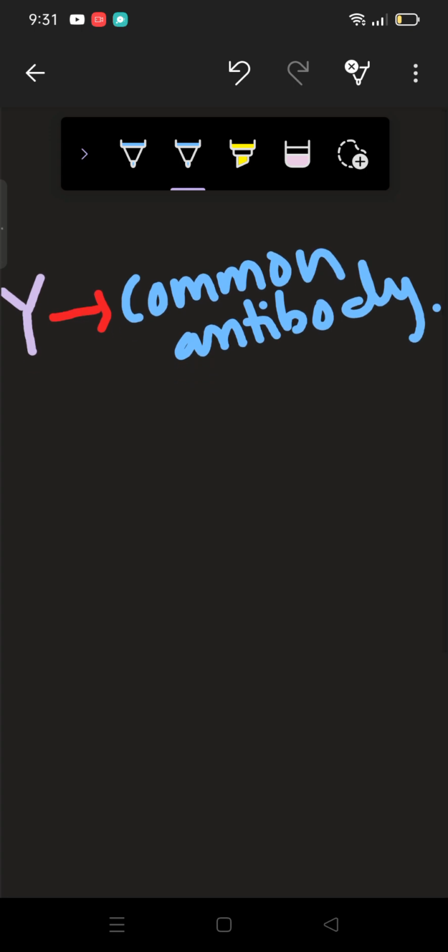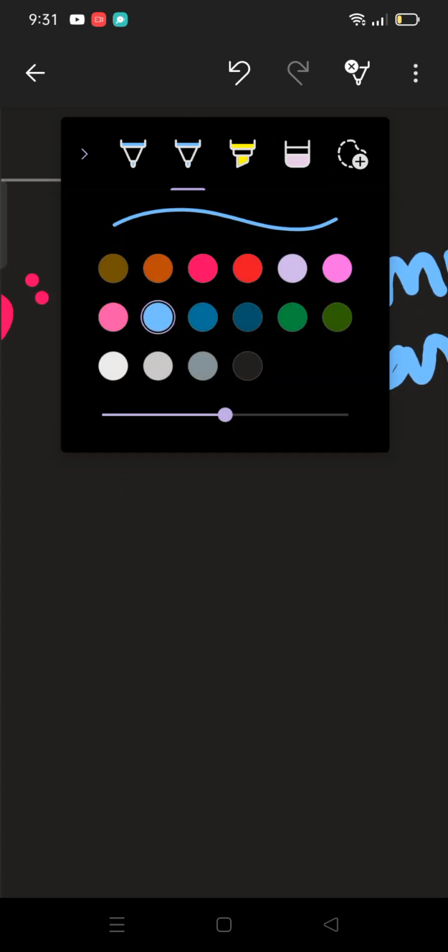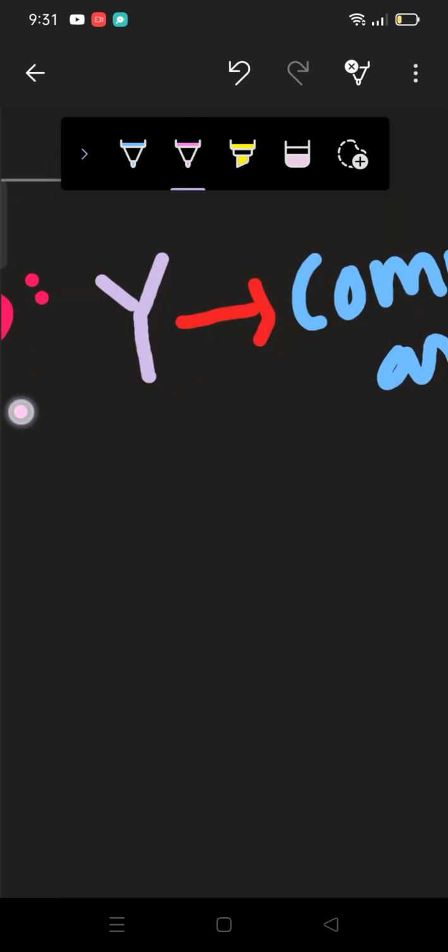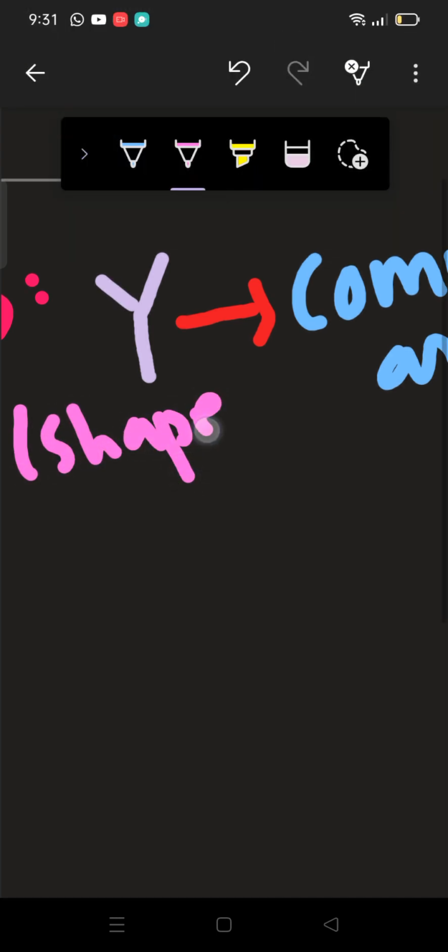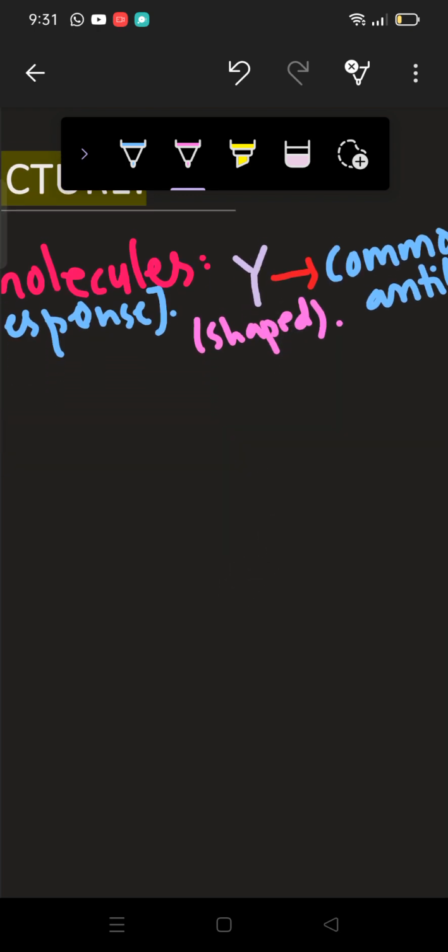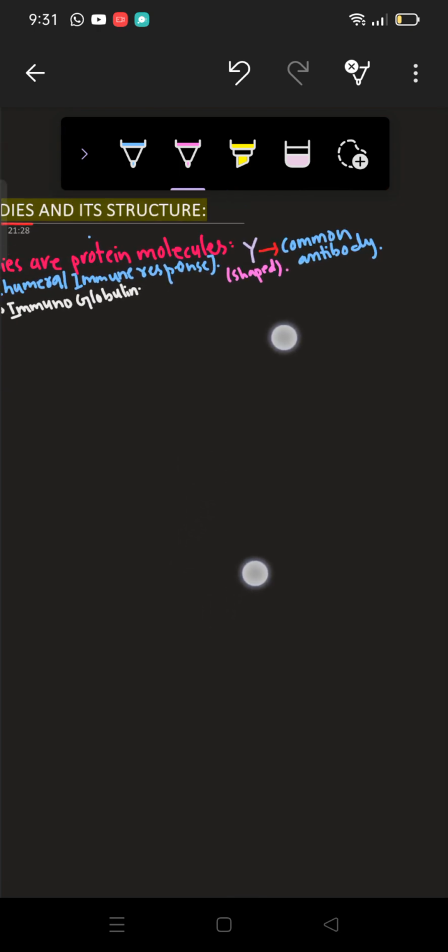So the Y-shaped antibody is the common antibody we have.